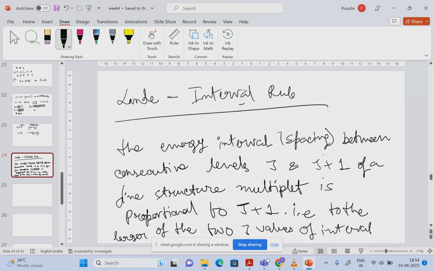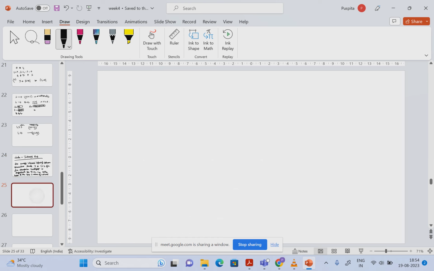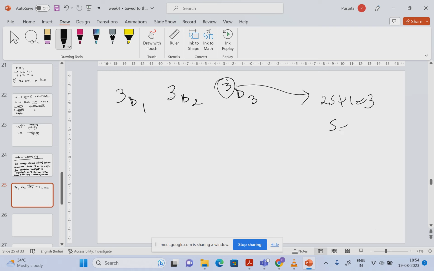So it says what the fine structure interval ratio will be. Let us assume there are three terms: 3D1, 3D2, 3D3. Here you can see the 3 comes from 2S plus 1 equal to 3, so S is equal to 1.